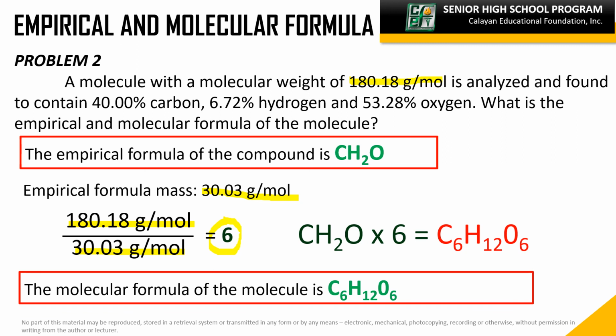So C, imaginary 1, so 1 times 6, you have 6. 2 times 6, you have 12. Oxygen, imaginary 1, so 1 times 6, you have 6. So the molecular formula will be C6H12O6. And this is the molecule of glucose.